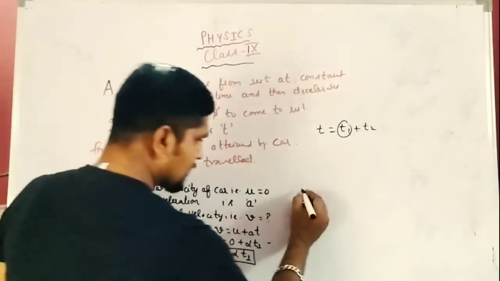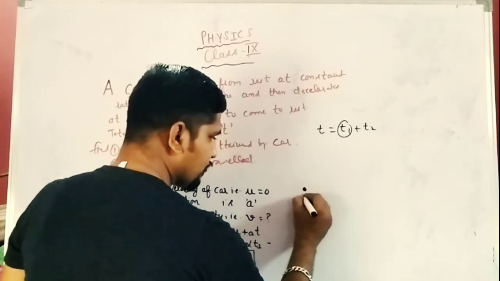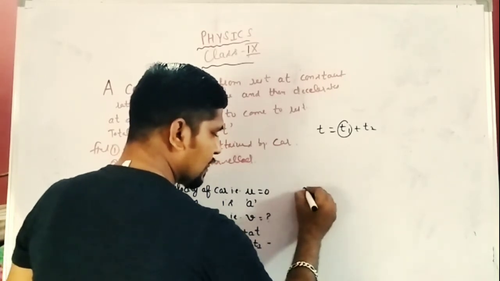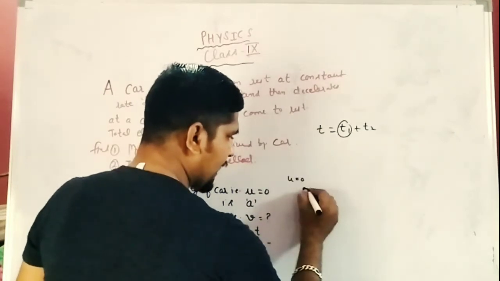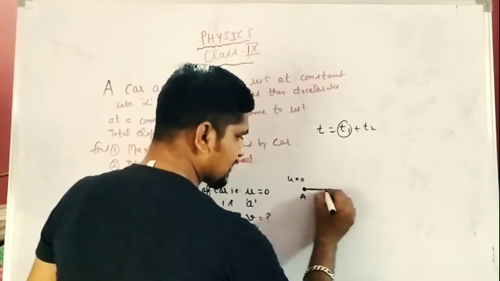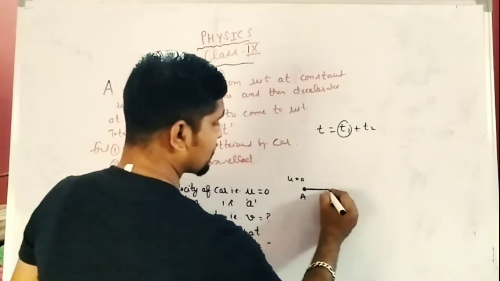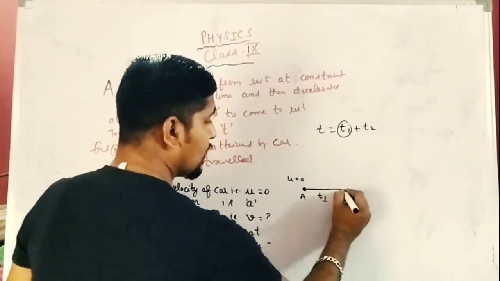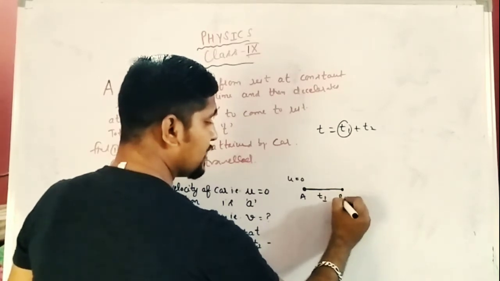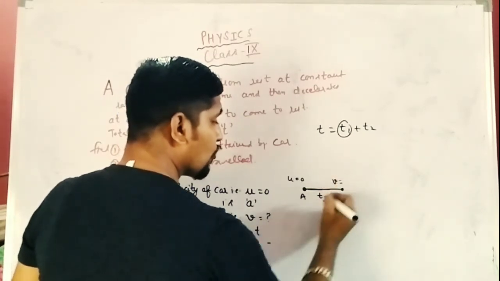Let us suppose the car starts from A and is accelerating from rest, so here u is equal to 0, and it accelerates at a constant rate alpha for some time, that is t1. Let us suppose that for the time t1 it reaches point B. Here we are finding the final velocity.